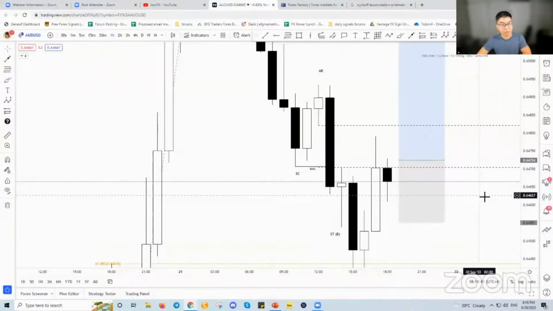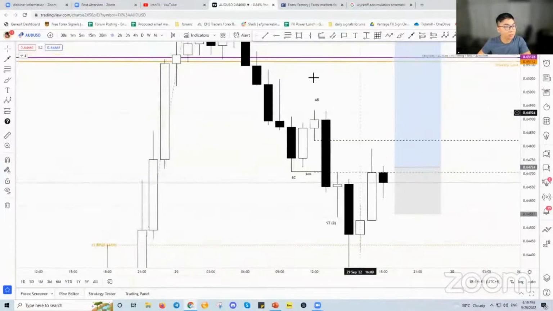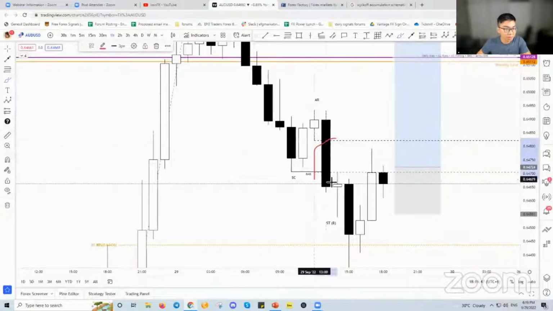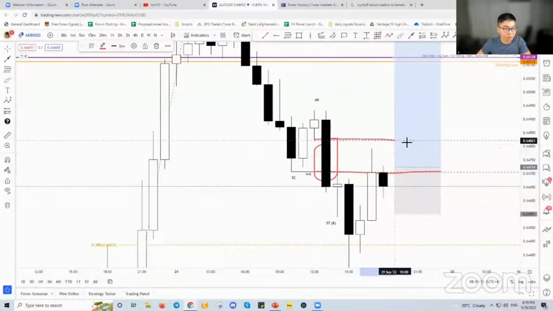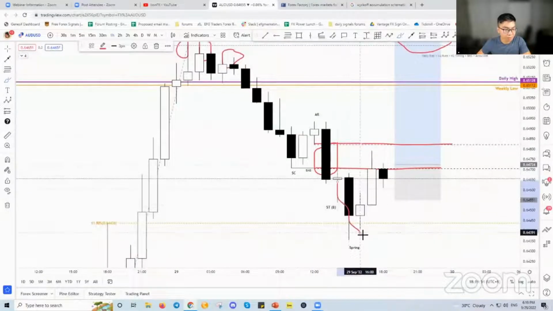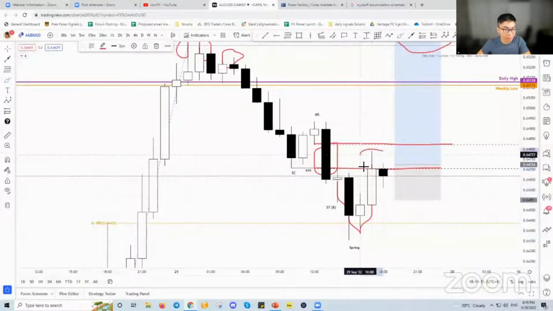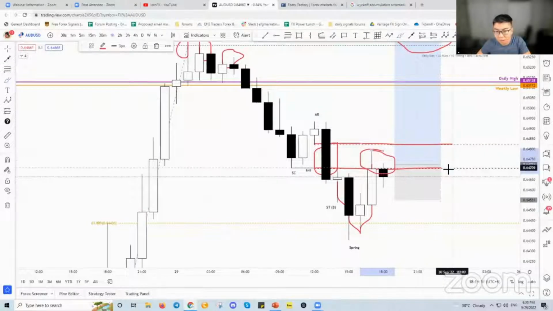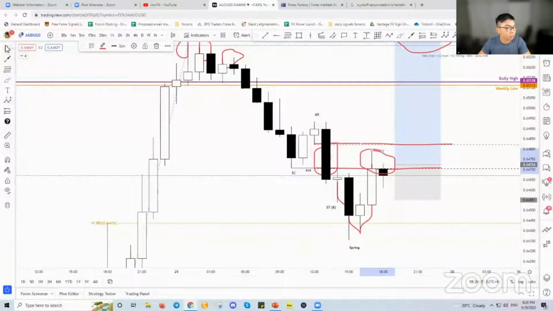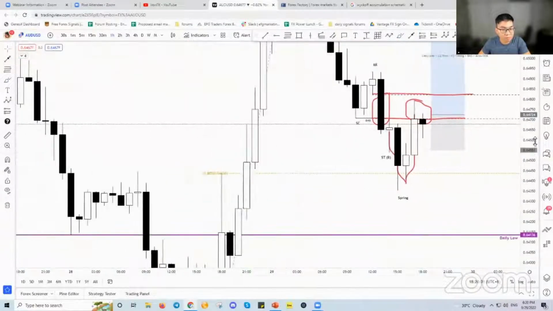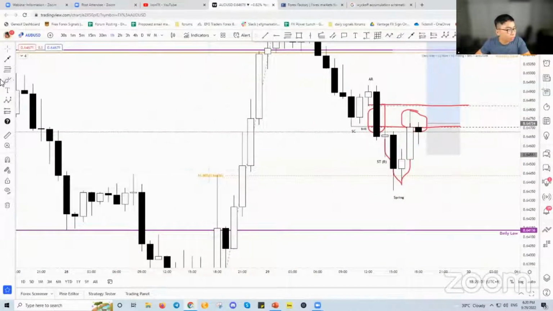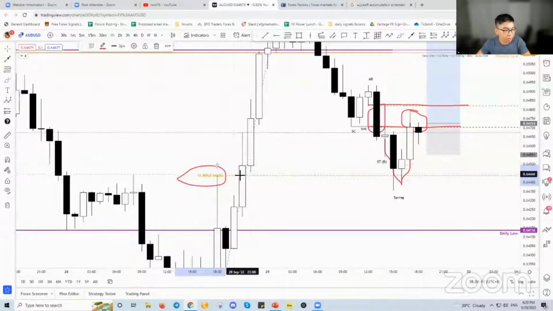In between this area, we actually previously had a market imbalance. Price did not come in to fill previously. As you can see, price came down, came back up, and we had the weak fill in the market imbalance. You can always expect price to come back down to a market imbalance area. So to add more confluence to this 61.8% area, you can see there is an imbalance here.